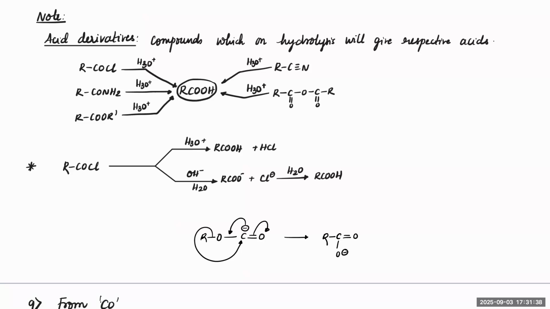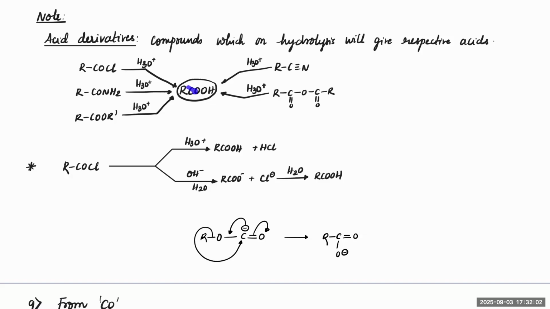Check acid derivatives now. If the word derivative is used, derivative means it is like a supplement of a particular functional group. So if you add water to it, again you should get back to that same main functional group.